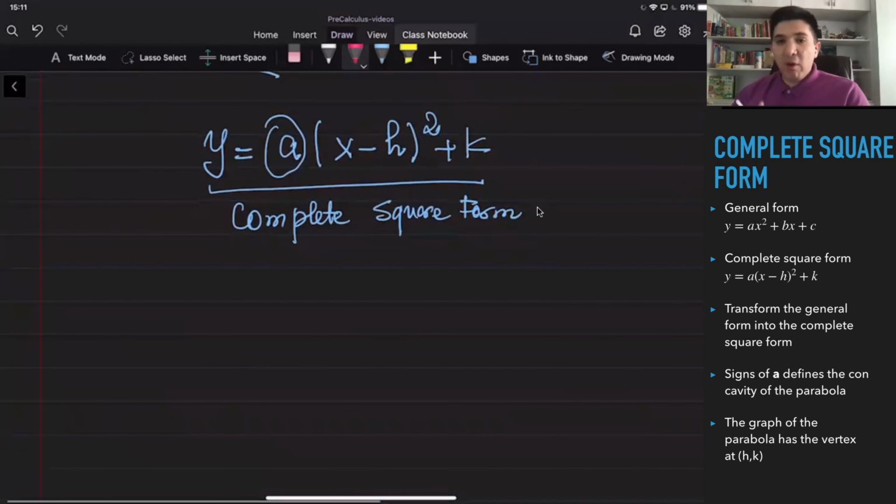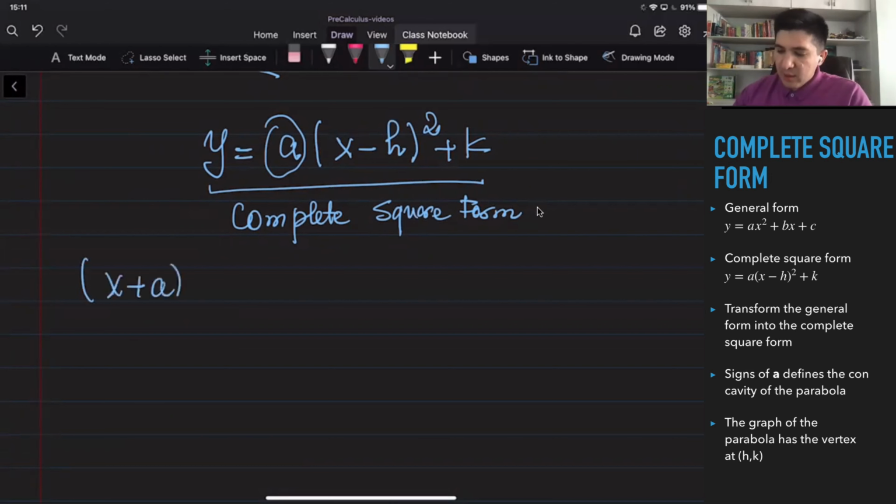Before learning how to bring the equations into this form, I would like to remind you of a couple of formulas of complete squares. We've got this formula: (x plus a) squared can be expanded as x squared plus 2x times a plus a squared.